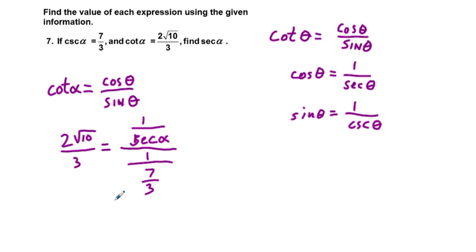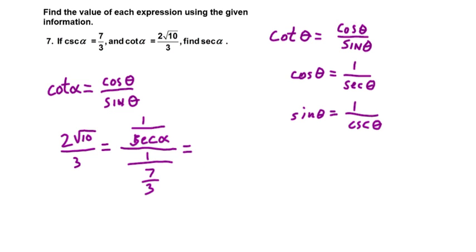And so really working this out, we're going to have 1 over secant theta times 1 divided by 7/3.